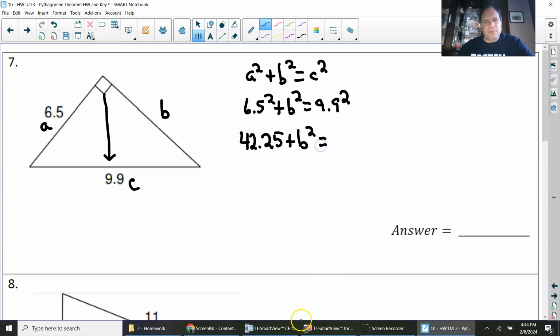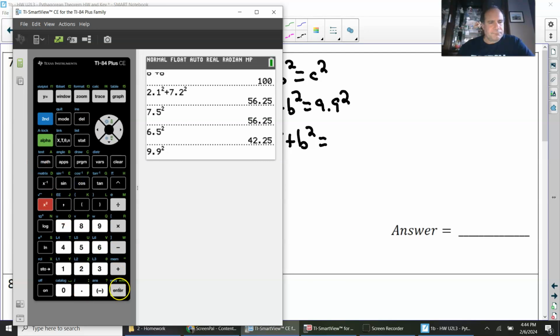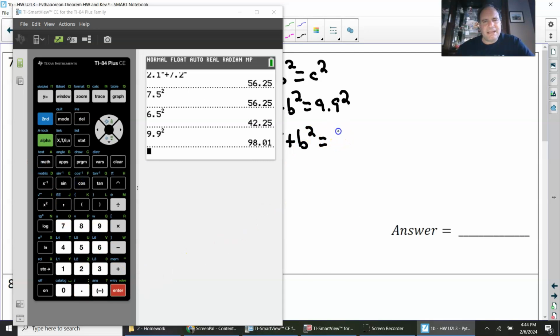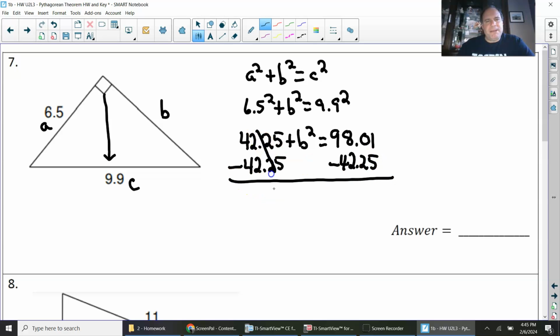And it's plus B squared, and 9.9 squared, which I don't know. My calculator is going to tell me that that is 98.01. So now I have to solve for B. Solving for B, you have to get this 42.25 over and away from the side where the B squared is.